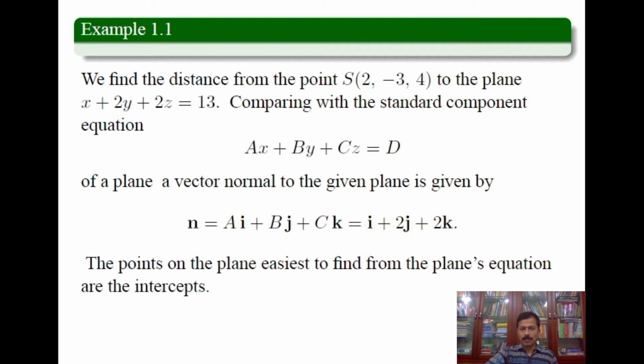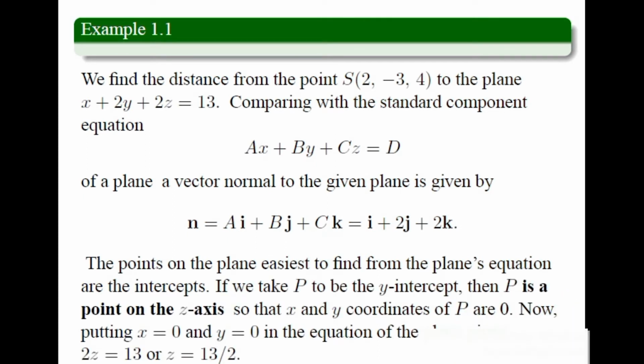The points on the plane easiest to find are from the plane's equation or the intercepts. So what we do is we take the intercept where the given plane touches the axis. Let P be such a point. Then P is a point on the z-axis, so the x-coordinate and y-coordinate of P are 0.